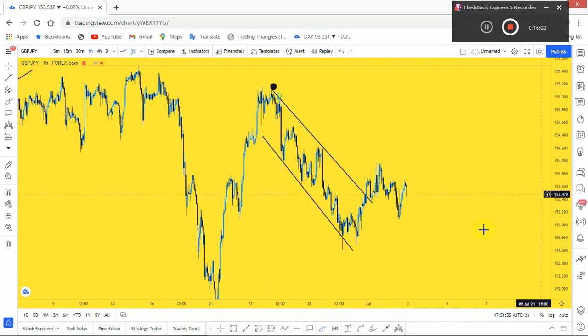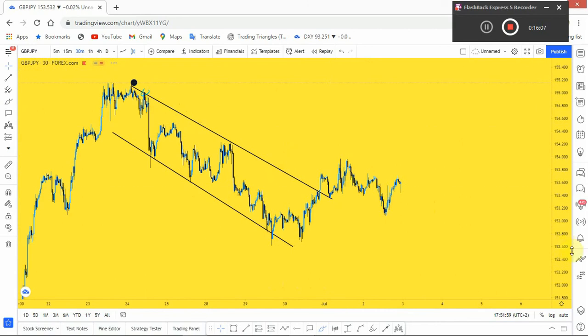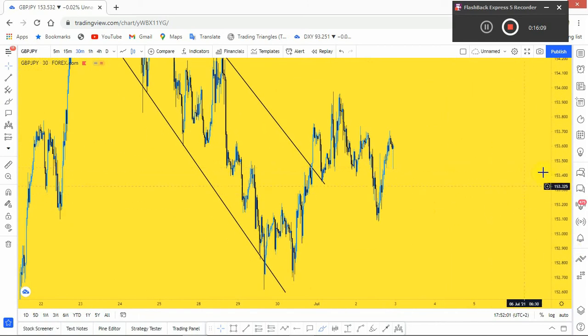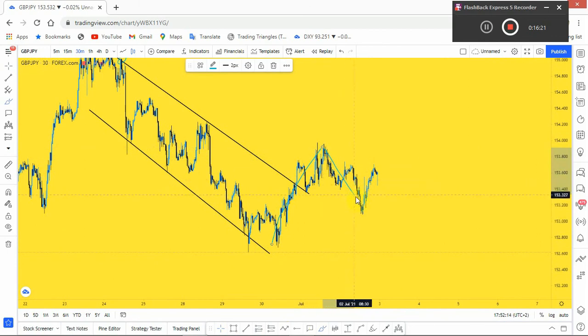Why? Because as I go deeper into the lower time frame, I'd like to see this price action here as an impulse move to the upside, and this price action here as a correction. So what does that mean?